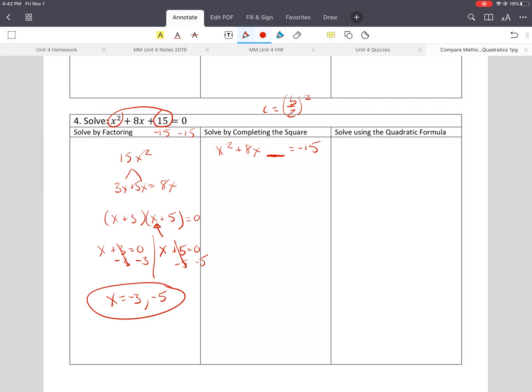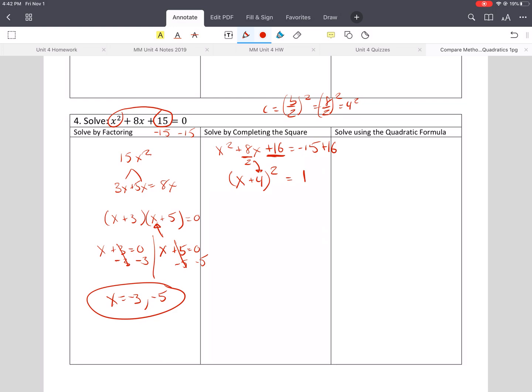So here, that would be 8 divided by 2 squared, which is 4 squared, which is 16. So we need to add 16 to both sides. On the right side, we just have 1. On the left side, we write it as a binomial squared. It will always be x, and what goes inside will be half of that, which is plus 4.